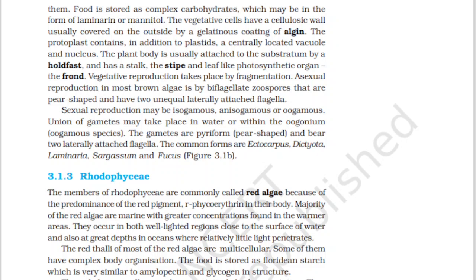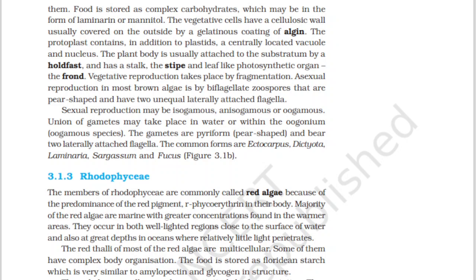The protoplast contains, in addition to plastids, a centrally located vacuole and nucleus. The plant body is usually attached to the substratum by a holdfast and has a stalk, the stipe, and the leaf-like photosynthetic organ, the frond.